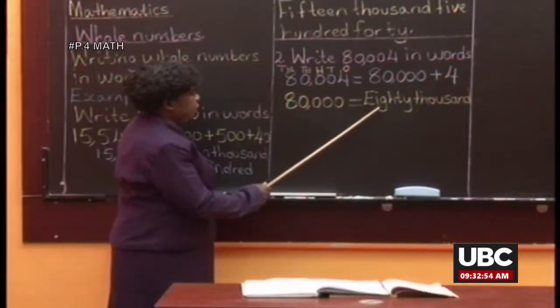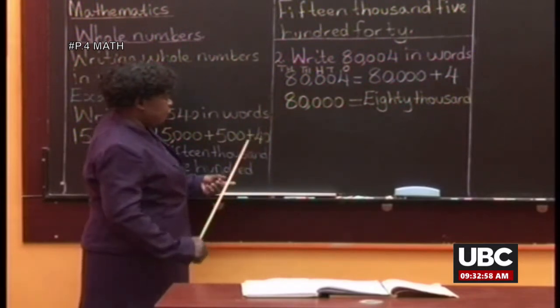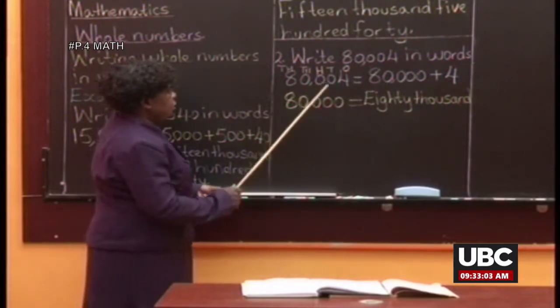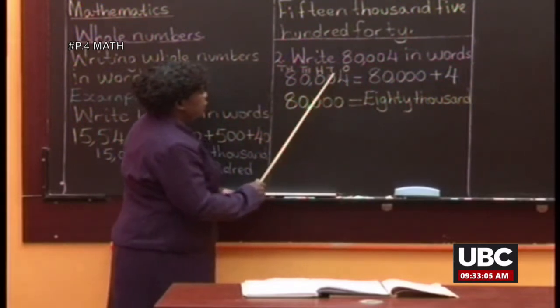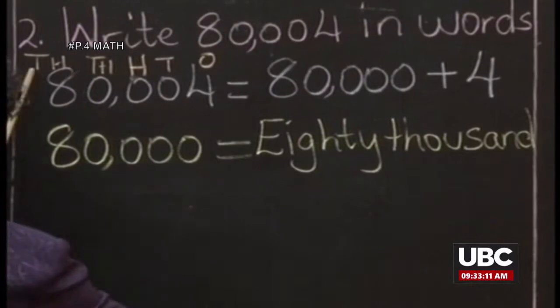Our number is 80,004. Don't forget the place values as we write these numbers. This one we said was ones, tens, hundreds, thousands, and this is 10,000s.